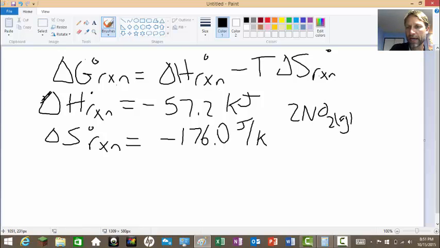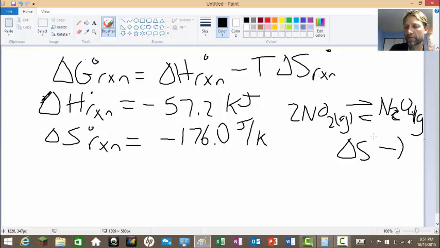Now let's just write the reaction again and we can understand why this is the case. We've got 2 moles of gas going to 1 mole of gas. And so the entropy change is going to be negative because the system is starting with more chaos and going to a more ordered outcome.